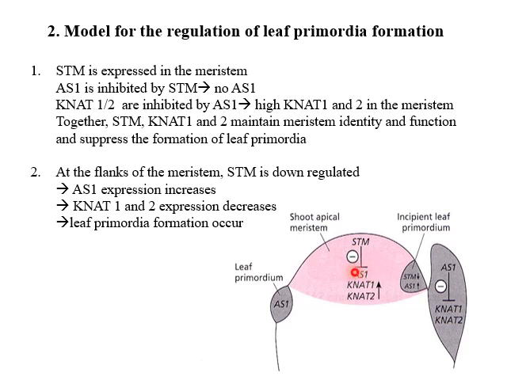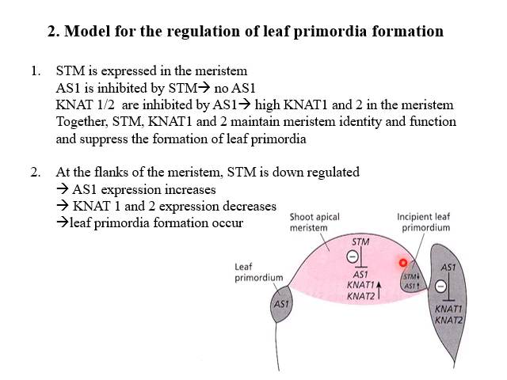Now AS1 in turn suppresses the expression of NAT1 and NAT2. These are two genes that are very similar to STM. And so in the absence of AS1 expression, you have a high level of NAT1 and NAT2 expression as well. So together, STM, NAT1, and NAT2 maintain this shoot apical meristem region, the peripheral zone of it, with high frequency of cell division, and also suppress the differentiation of cells.